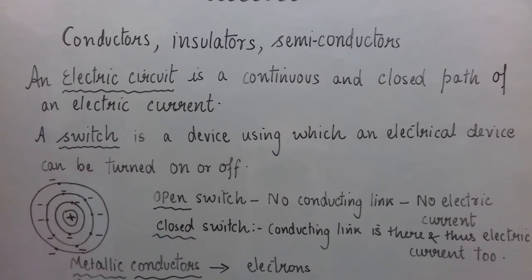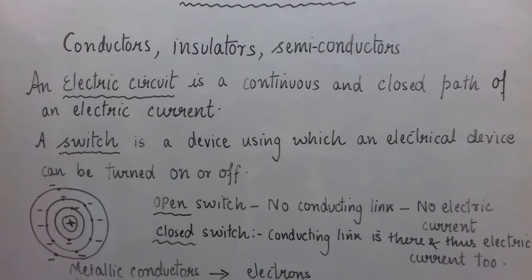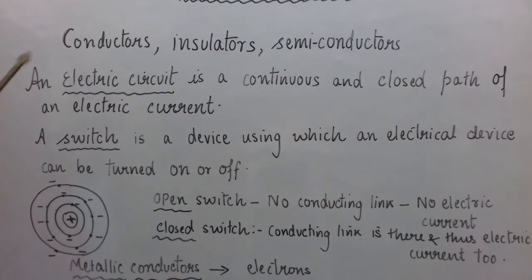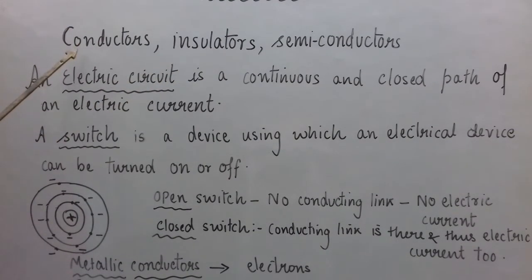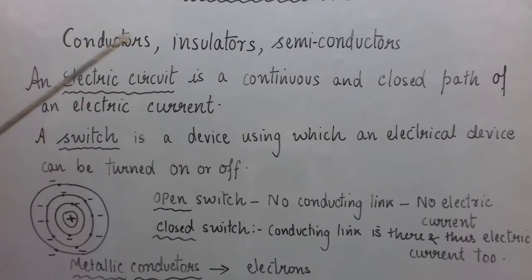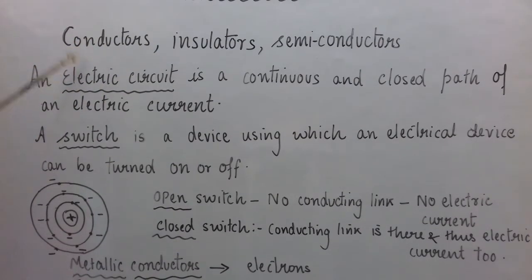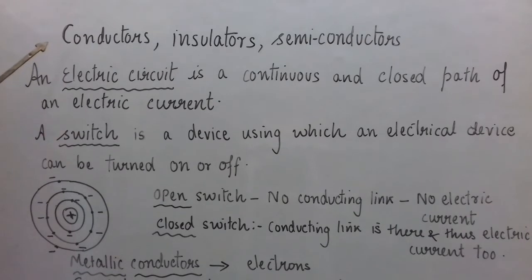So let us continue with the introduction part here and recall certain topics and learn certain topics which are not directly included in the chapter. Now let us look at these three terms. You must have heard about conductors and insulators. You must have studied these two definitions in your lower classes. You know, conductors are the materials which allow the electric current to flow through them easily.